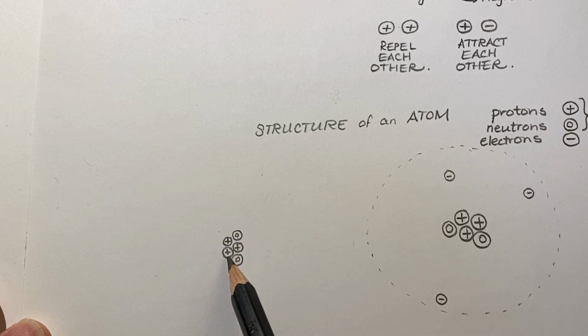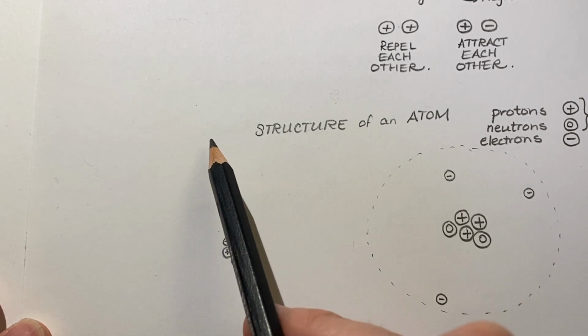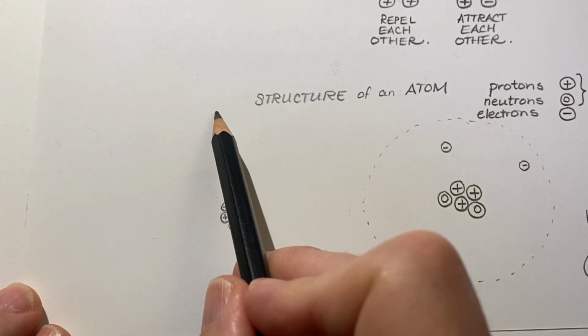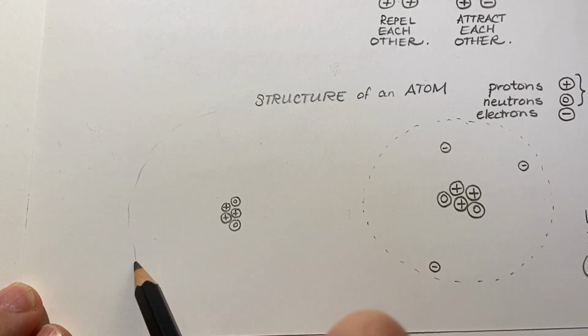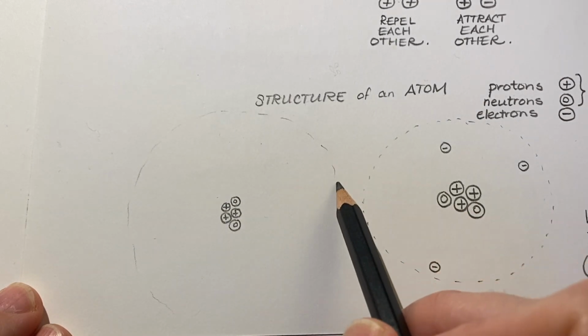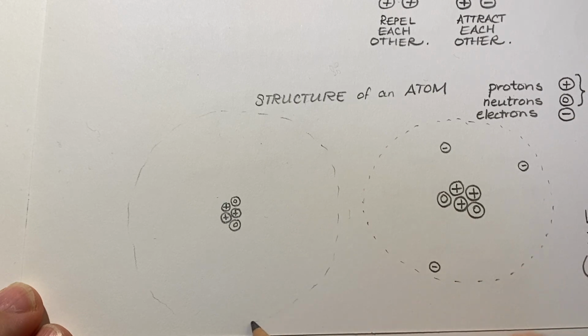Okay, but you do have this tiny nucleus where these are clustered together. And relatively speaking, you have the electrons that can be way, way out. Anywhere. Well, not exactly anywhere, but generally speaking, they're way, way far away.